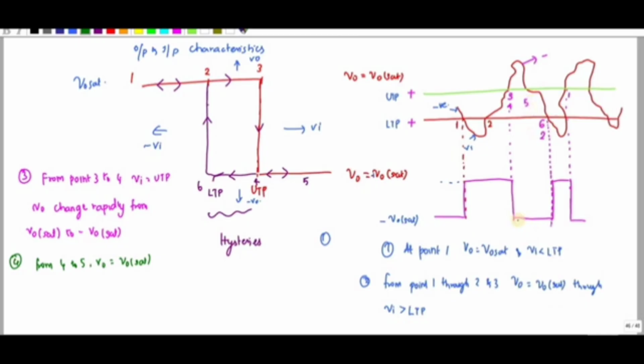It remains at the same minus V0 saturation, though the VA is greater than the UTP value. Okay, next the fifth point.